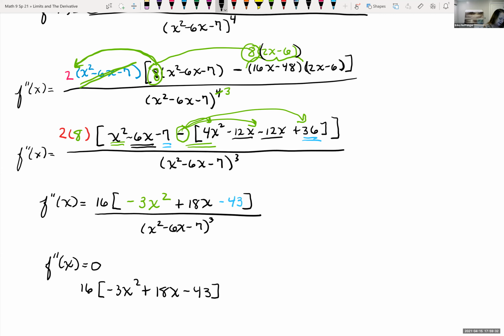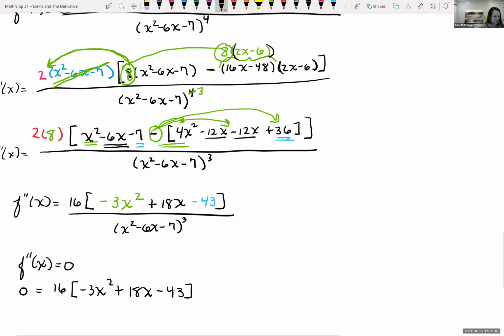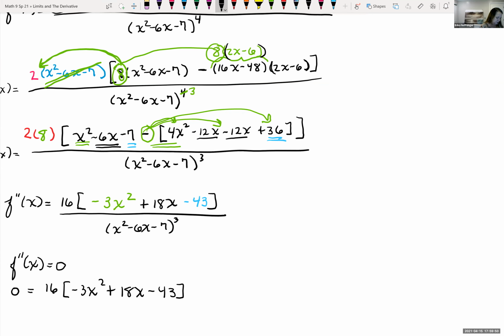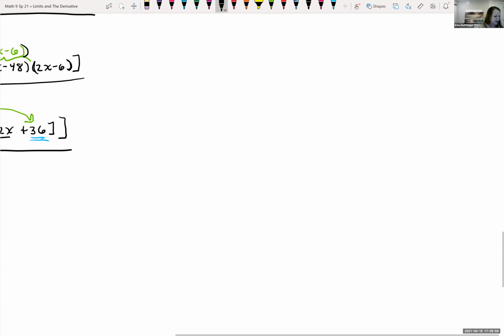And where it's undefined. So I would probably use the quadratic formula on that negative 3x squared plus 18x minus 43. So I would probably do some side work over here. Let's just bring it over here and look at finding out when that's 0.